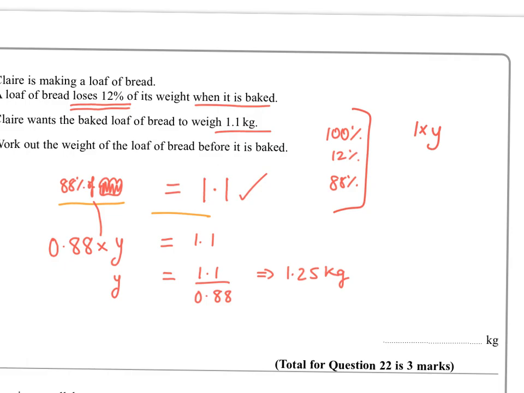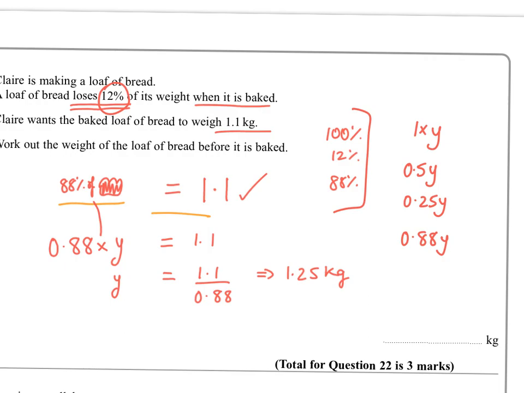If it lost 50% of its value, you would have 0.5y, i.e. half of it left. If it lost 75% of its value, there would be 0.25 of it left. So again, if you're losing 12% of its value, you've got 0.88 of it left.